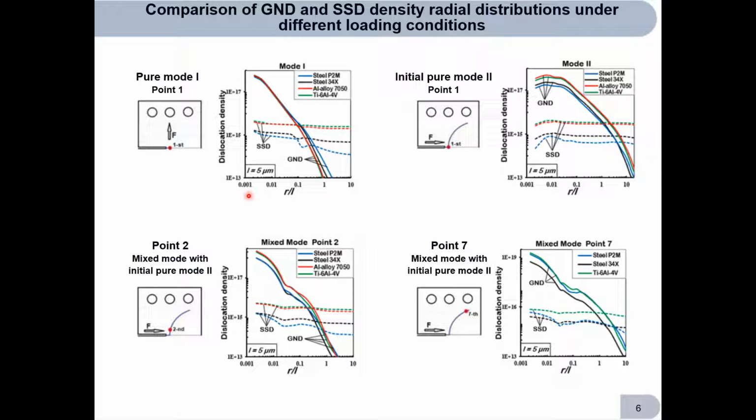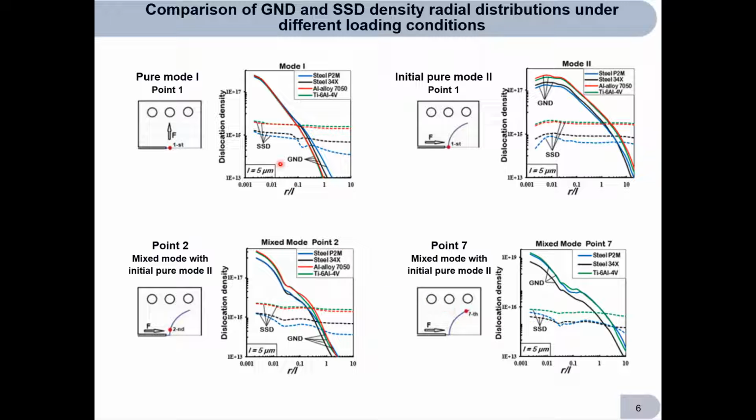The obtained results are expressed as a function of the crack tip distances normalized by the intrinsic material length parameter. The first two figures are related to pure mode 1 and initial pure mode 2. Next pictures represent point 2 that corresponds to an increment in the crack length of 2 mm at the moment of kink of the crack, and point 7 corresponds to the state before the final fracture.